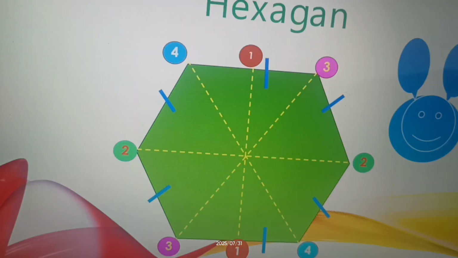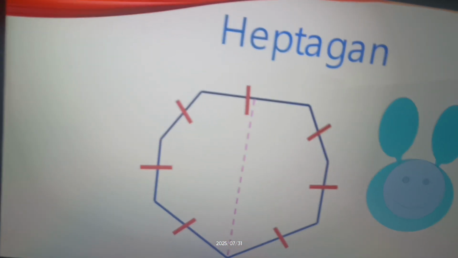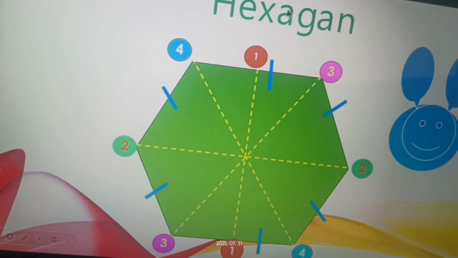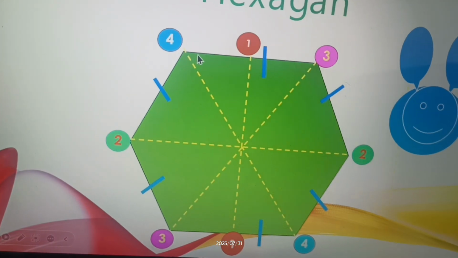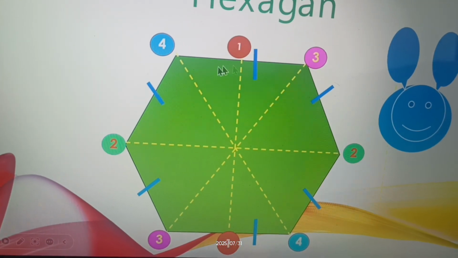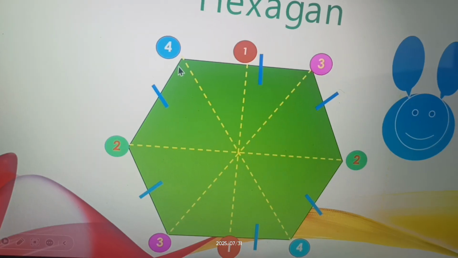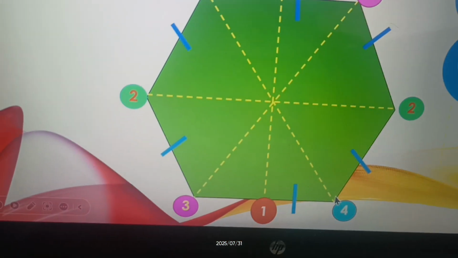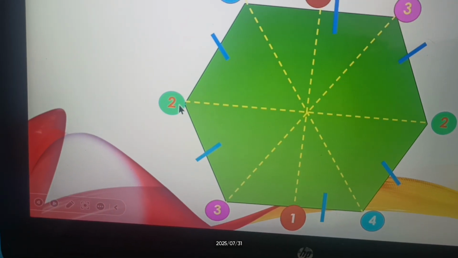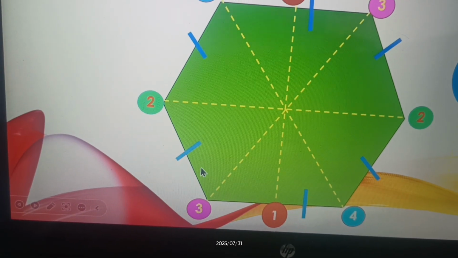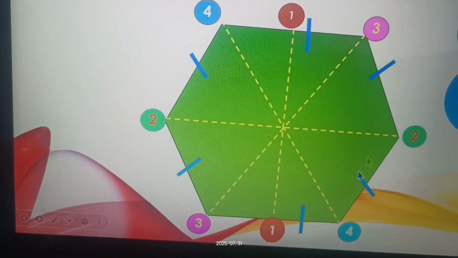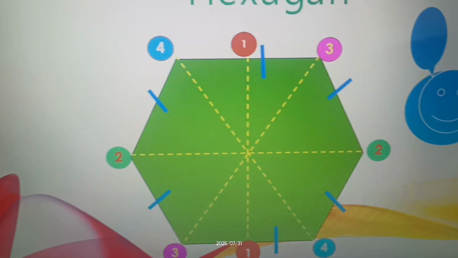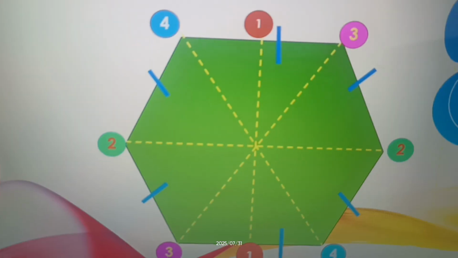How are you going to draw it? 6 you can divide into 3 and 3. Then draw 3 lines in top part and 3 lines in bottom part. Then you can easily draw hexagon symmetrically.